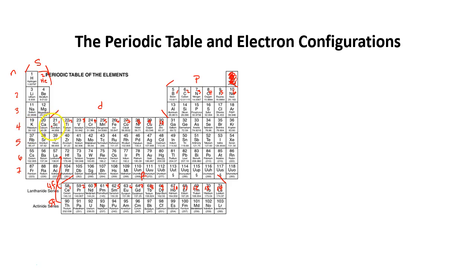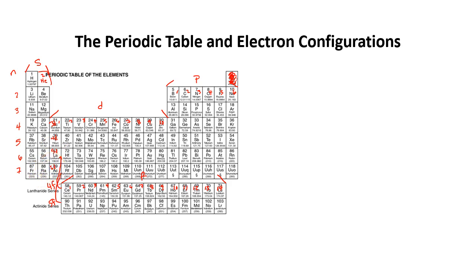D is always 1 less than S. So this is 4S 3D. This is 5S 4D. And this is 6S 5D. Okay. And then this is 7S 6D.